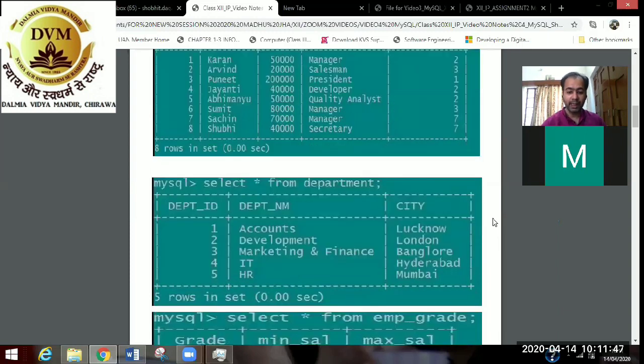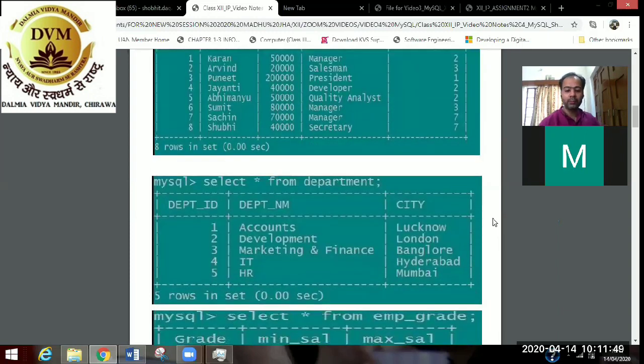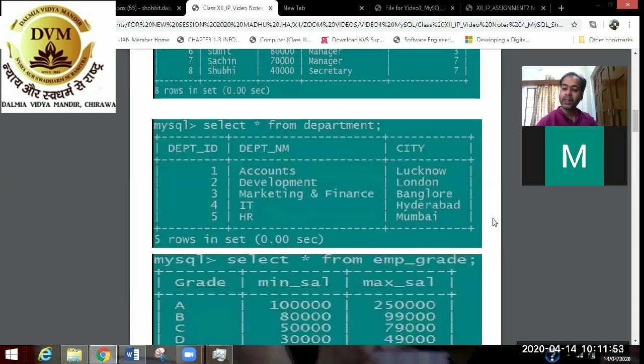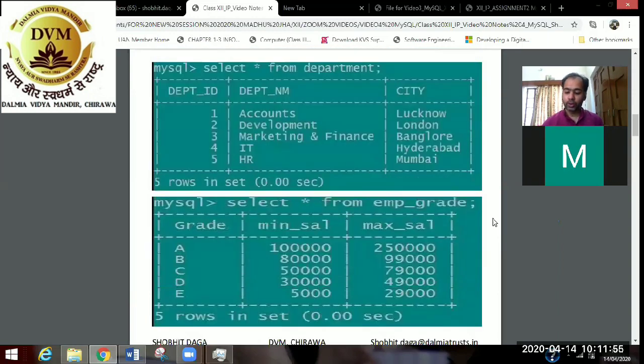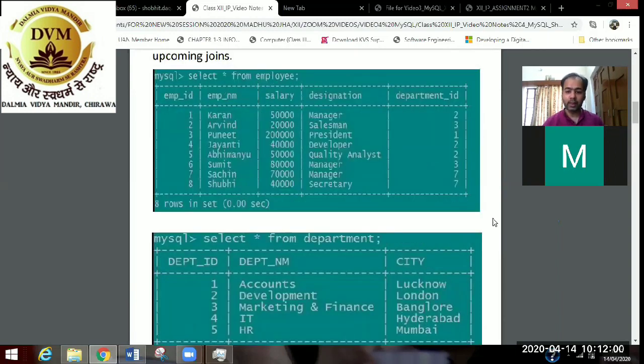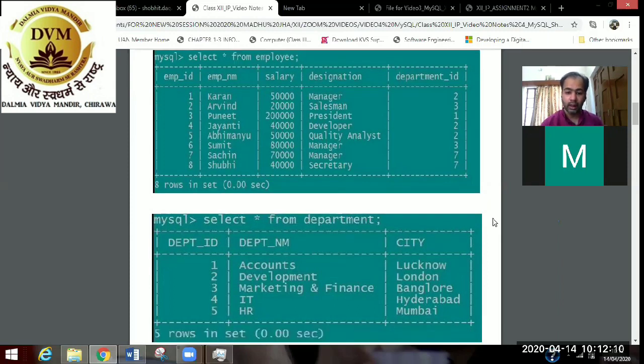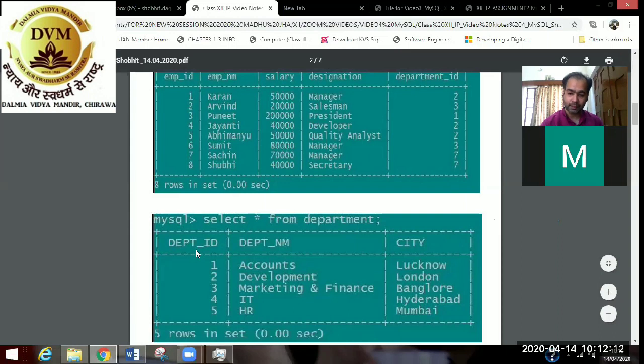For the department table, we have 3 columns and 5 rows, and there is also an EMP grade table. As you can see, in the department table there is a column named department ID. The common column between the employee table and the department table is department ID and DPT ID.